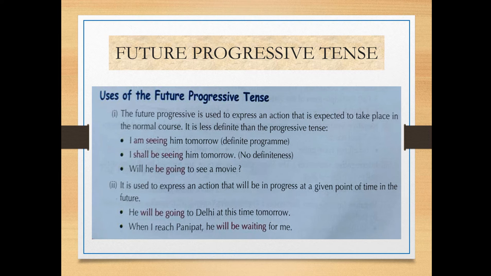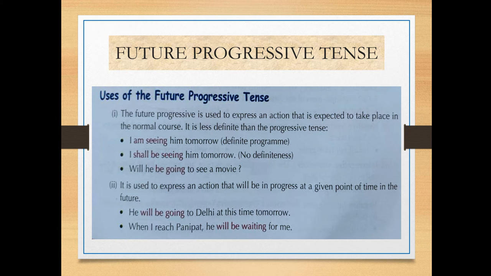Now, these are actions that will be in progress at a given point of time in future. So, these are the actions which will be in progress later in the future. These are the uses of future progressive tense.